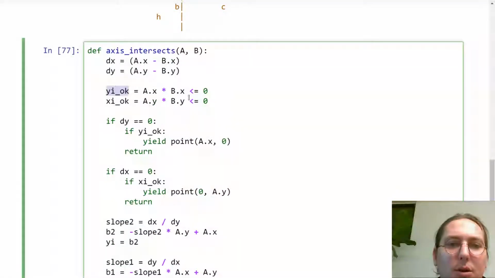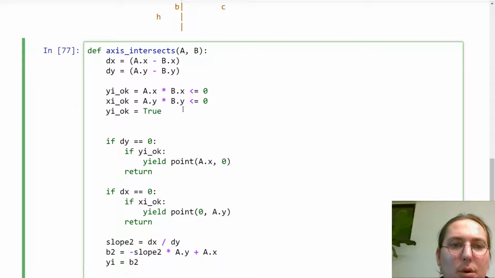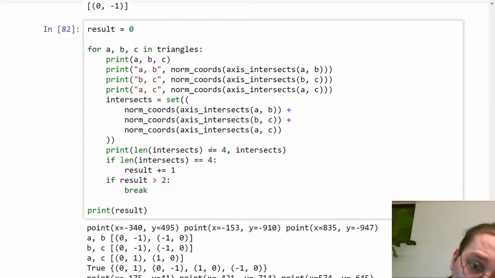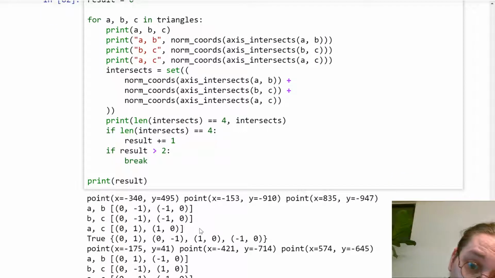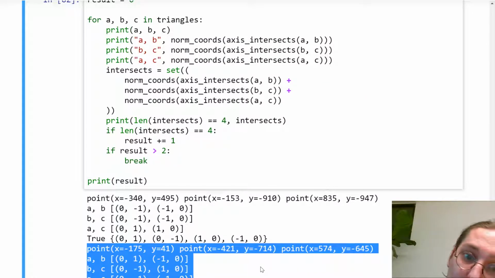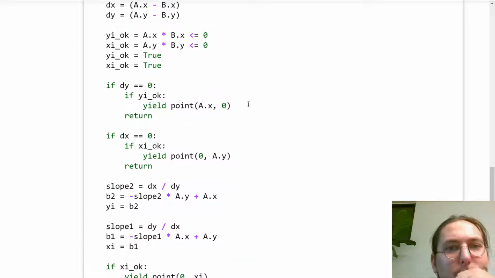So we could just set this to always true, and then we have the previous version. Now we can see whether we at least have the intersection in one case. So we kept the false one, probably. We have the -1, 0, which is the west. But we kept the 1, 0.